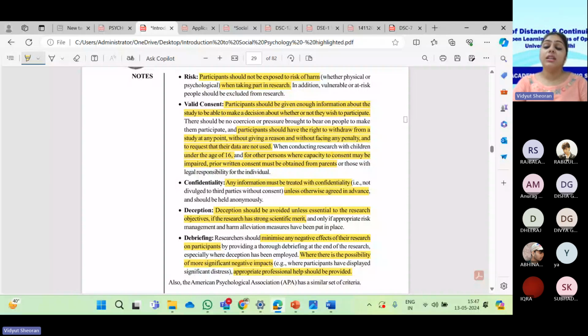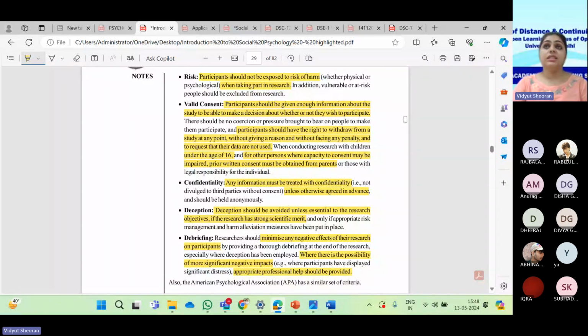And in case they are under the age of 16, then their parents have to give it. So we are not supposed to disclose any of the details of the participant in public. So no leaking of information has to happen when we are collecting data.